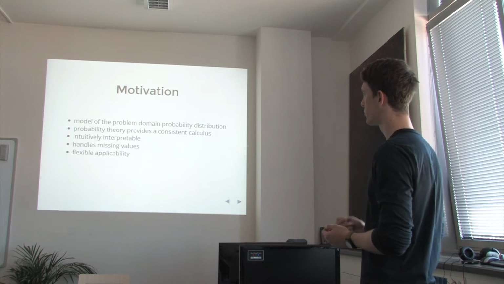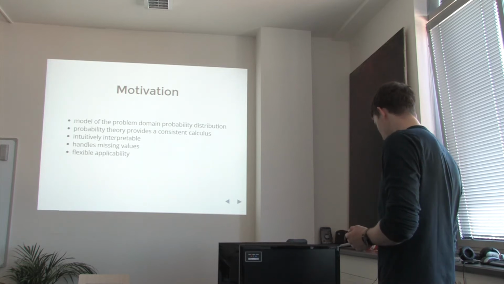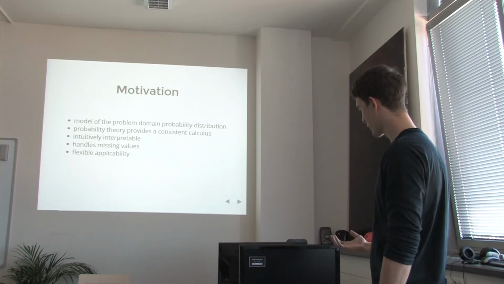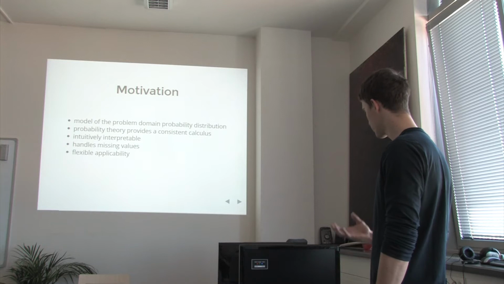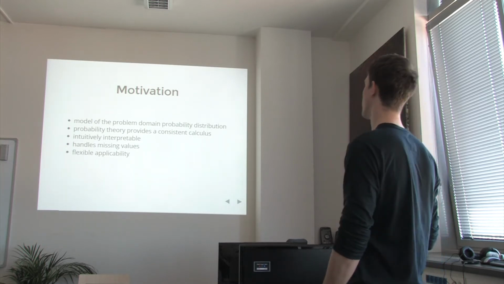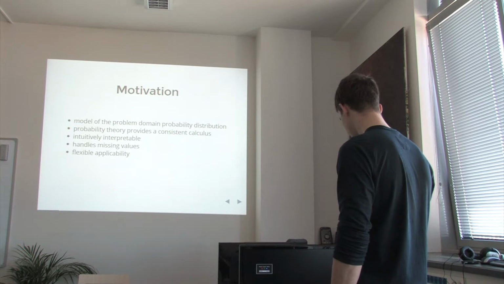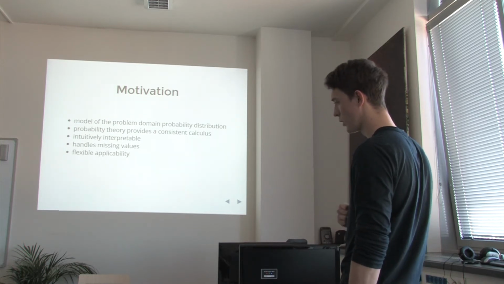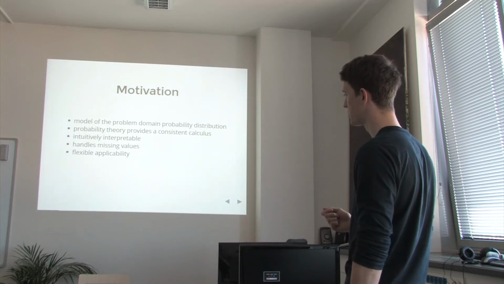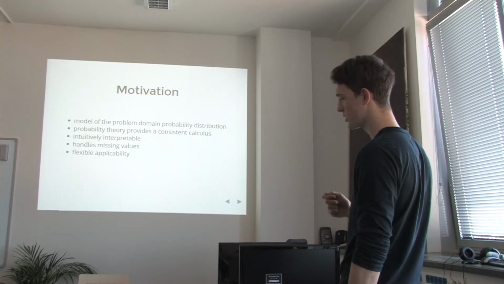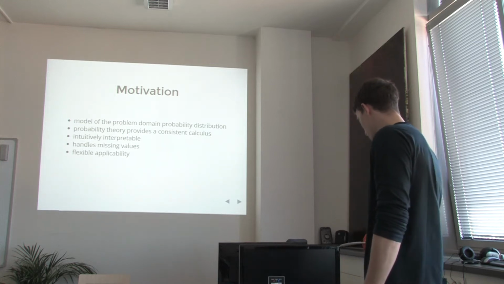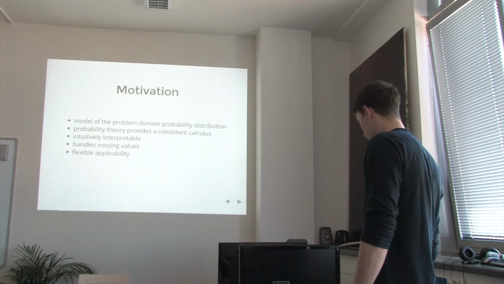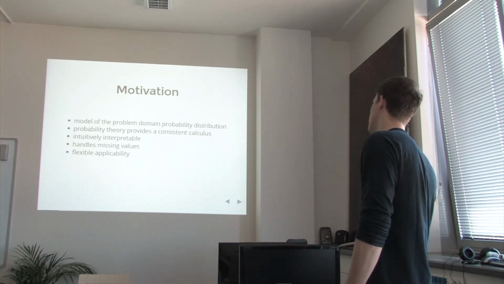They are intuitively interpretable, as you will see, compared to, let's say, neural networks that are quite popular nowadays. When you look at Bayesian networks, you will instinctively get what they represent. And they are very universal because you can use Bayesian networks to infer or predict any subset of variables of your model based on the evidence that you have. That means based on the values of variables that you can observe.